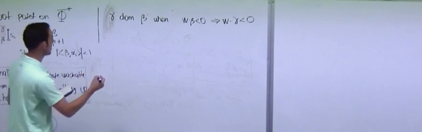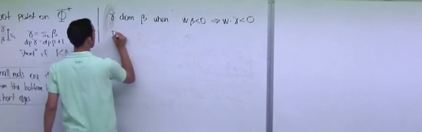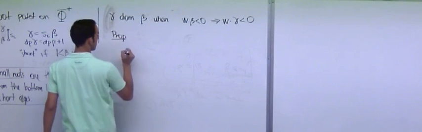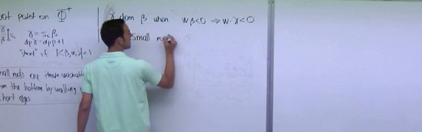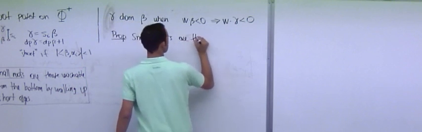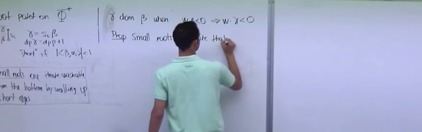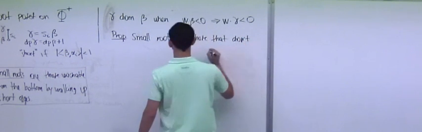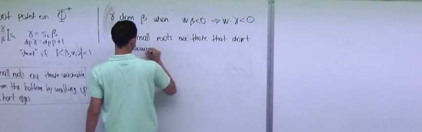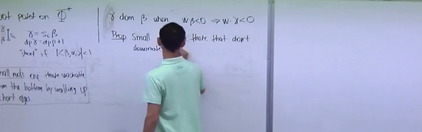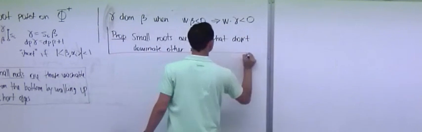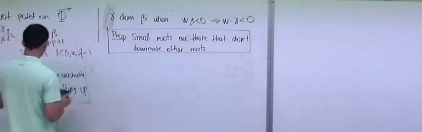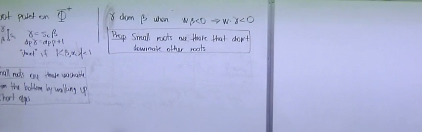So that's domination, and we talked about this proposition or theorem that small roots are exactly those that don't dominate anybody. And that means that we have these two alternative ways of thinking about small roots.